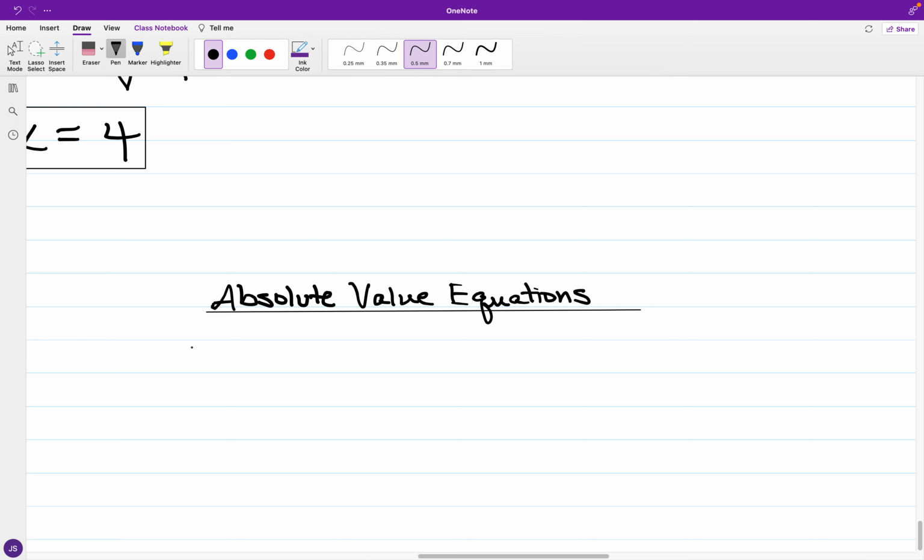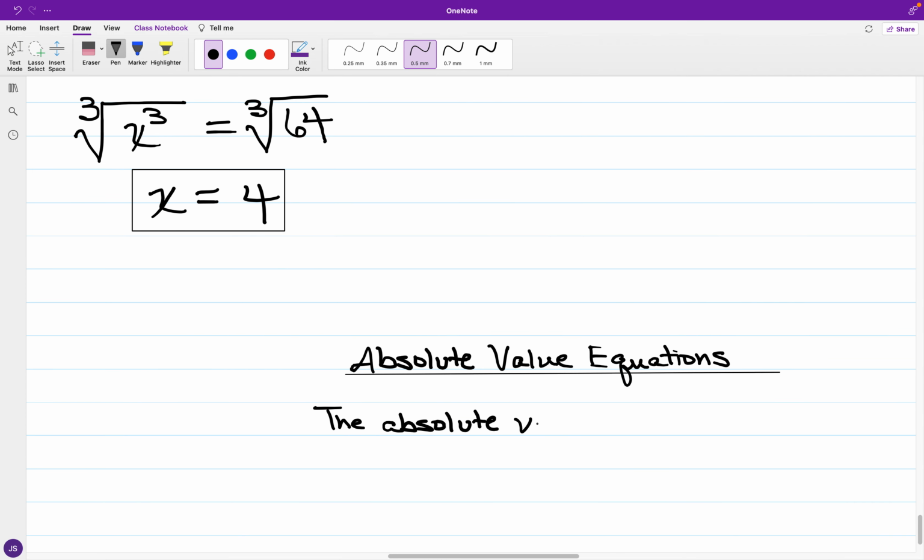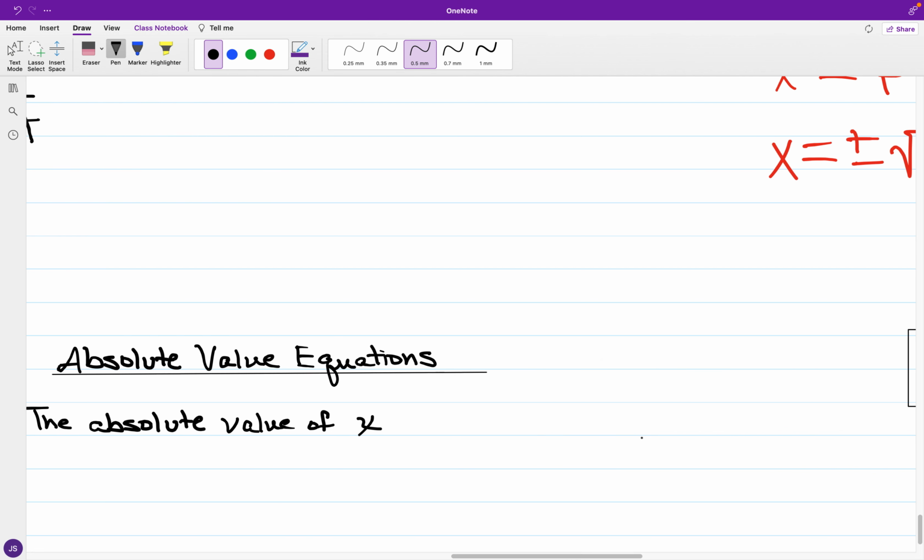Okay, for absolute value, so you have the absolute value of x is going to be written like x inside vertical bars. Okay.